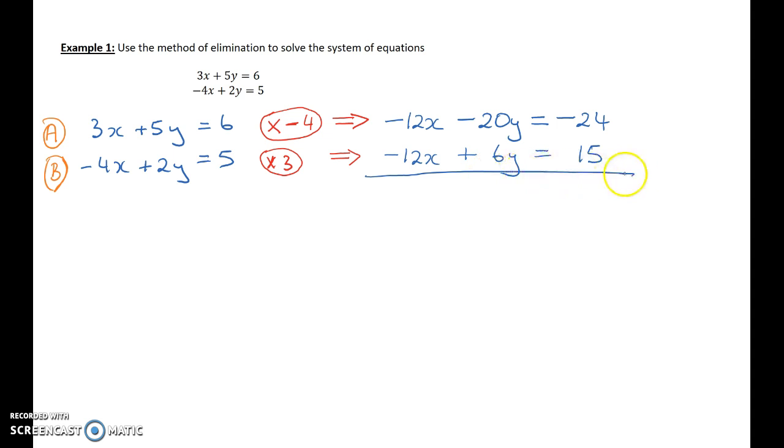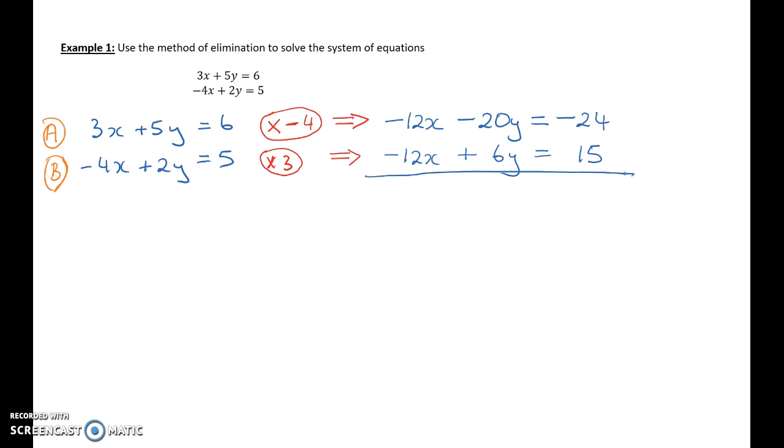Put a line under that. You'll notice that the numbers in front of the x's are exactly the same. The name of this method is elimination, so we eliminate the x's by getting them to cancel out. To do that, we have to change the sign of everything on one line.